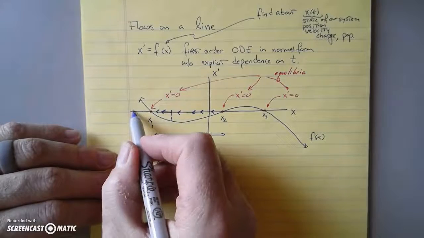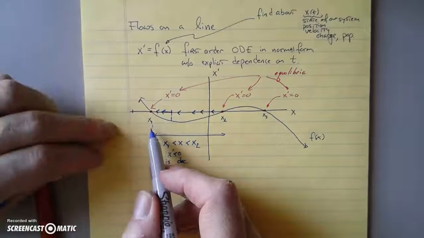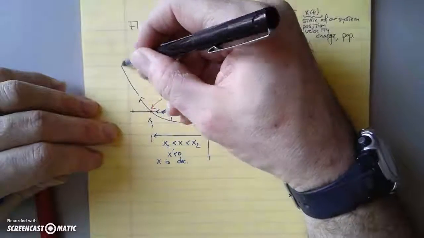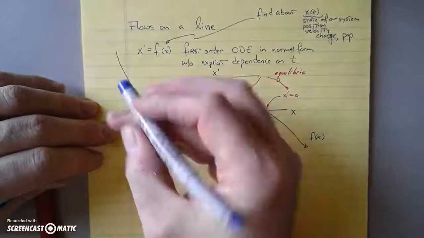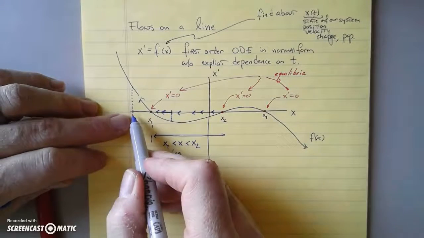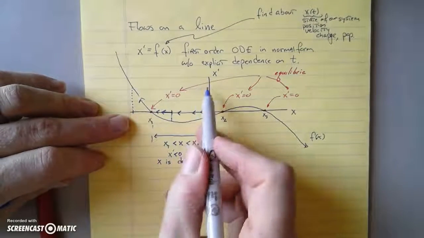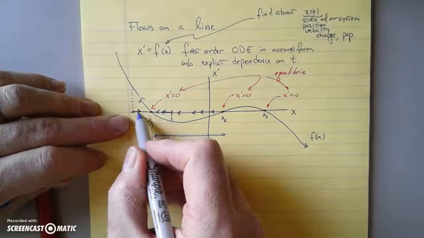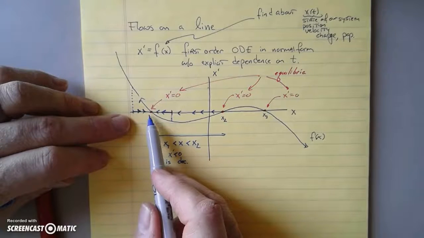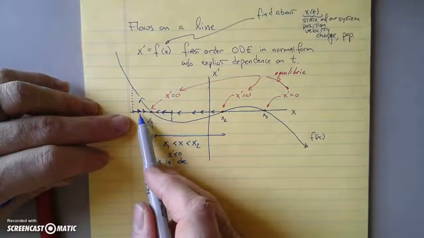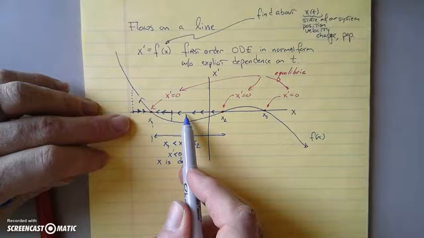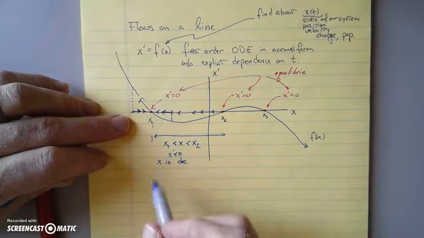What if I were to the left of x1? Well, assuming my graph continues, then the value of x prime that corresponds to this value of x is positive. So it would increase. So look what's happening at x1. If you're to the left of it, you increase towards it. If you're to the right of it, you decrease towards it.